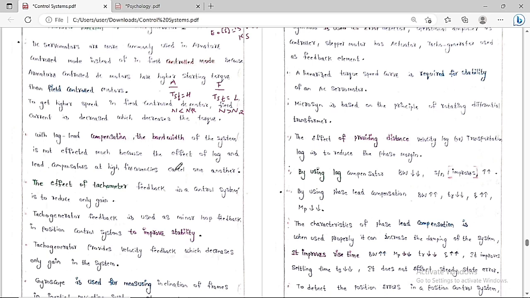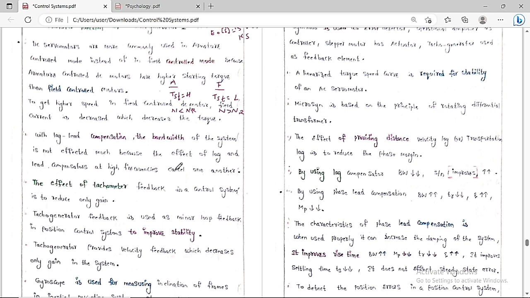Now we introduce this lag lead compensator. Still, the bandwidth is the same as the previous case, because at higher frequencies the effects of the lag compensator and the lead compensator cancel. Therefore, the bandwidth will remain the same.